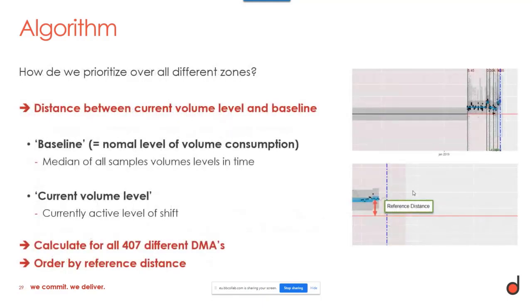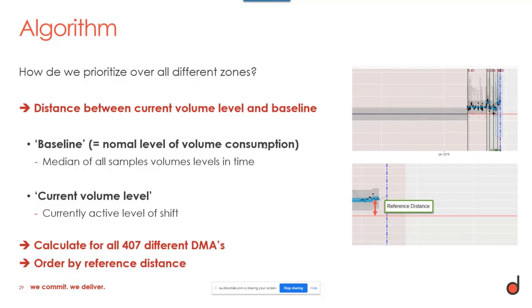Next to that, we also try to prioritize over all the 407 different zones. We do that by checking the current volume level and calculating the difference between the current volume level and the baseline. For the baseline, we take the median of all sampled volume levels, as a very robust center of your measurements. You could think of that as the normal situation.